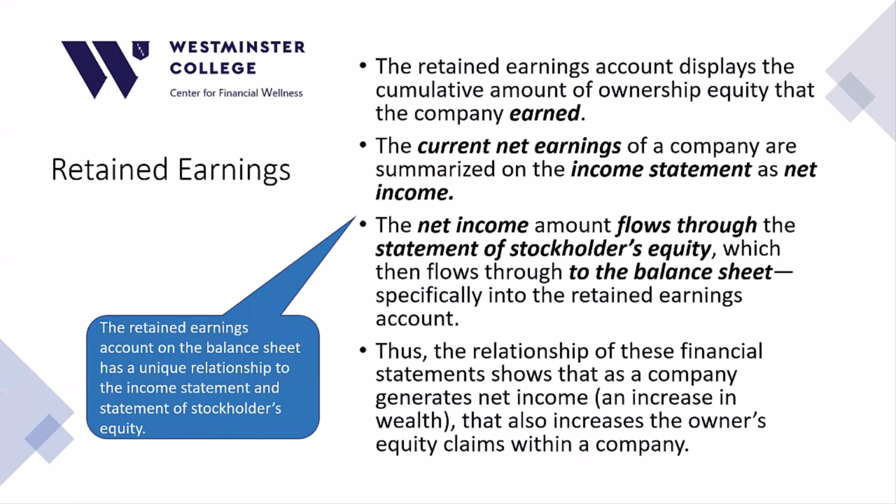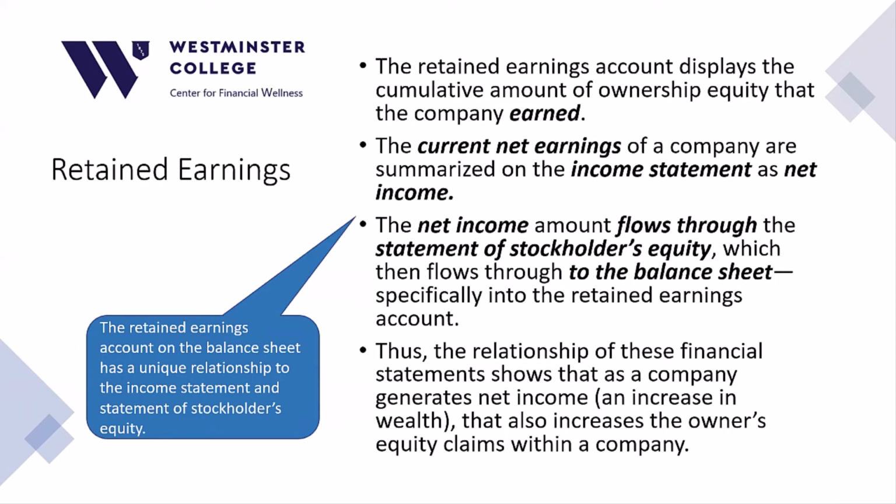All right, lots of words here, and I kind of apologize for this slide, but bear with me. The retained earnings account displays the cumulative amount of ownership equity that a company has earned from inception, from the first day that they opened doors. If you remember, though, the income statement is the financial statement that provides information about current earnings.